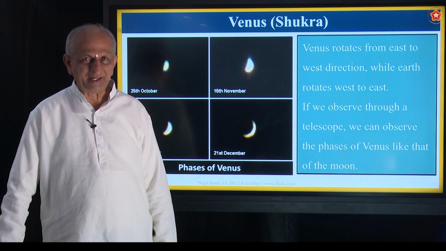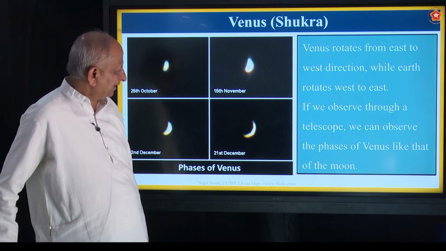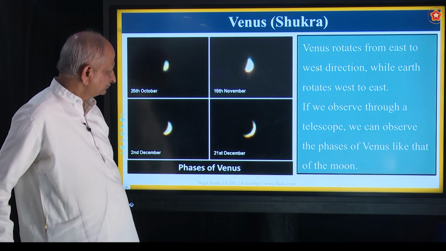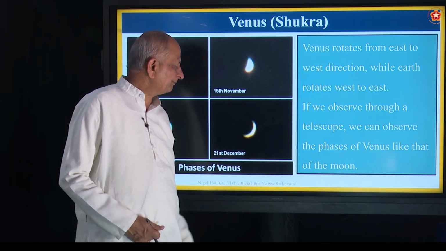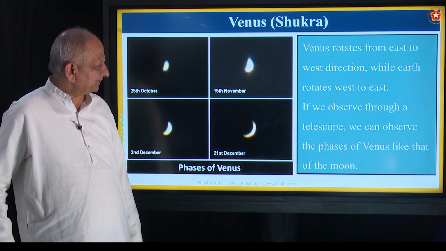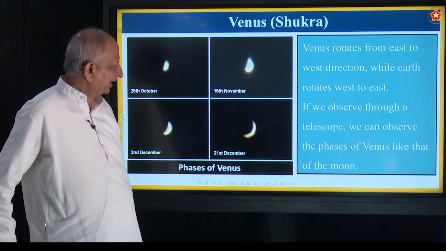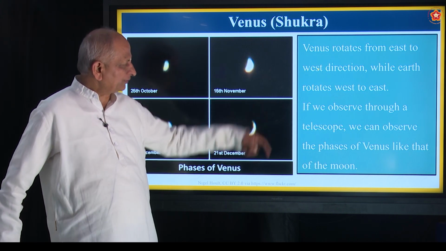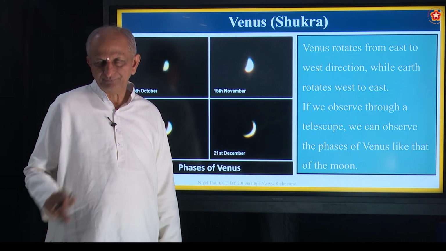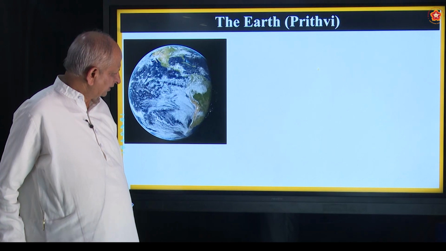Anyway, one of the brightest planets and the most beautiful planet, but it can be observed only through a telescope. We cannot catch it with the naked eye. And rotation is from east to west. This is all about Venus.